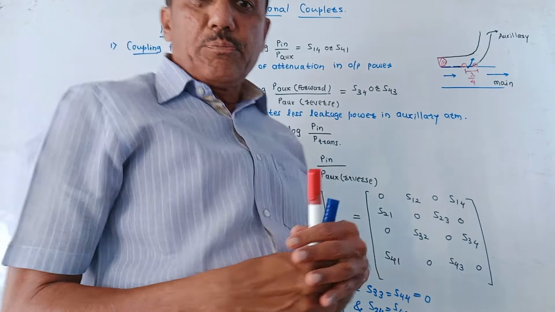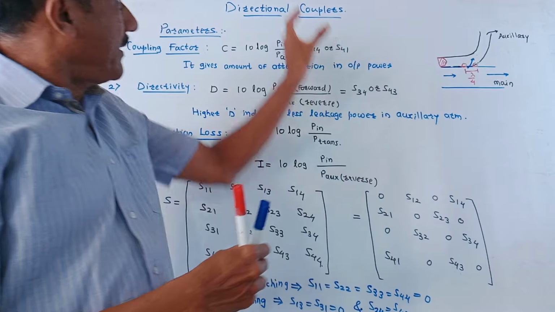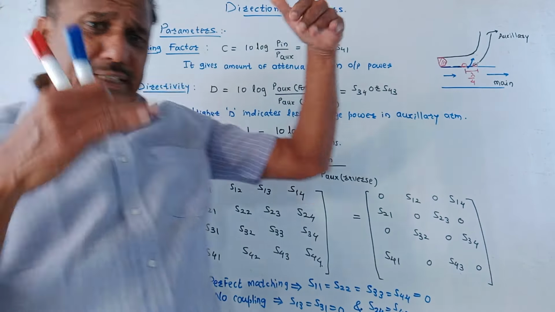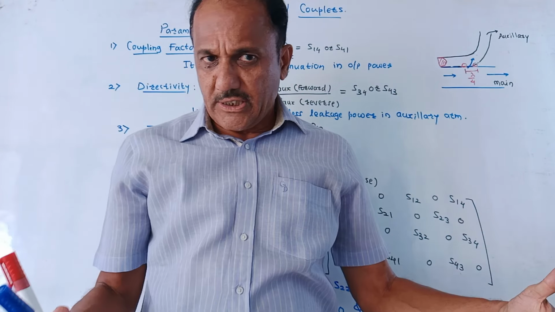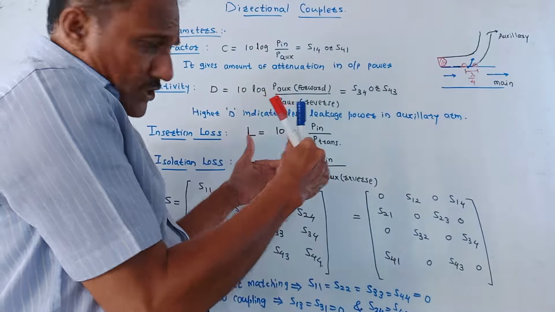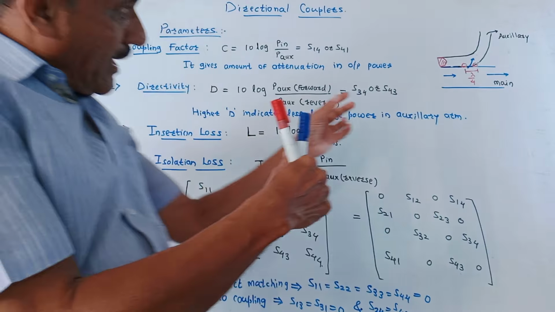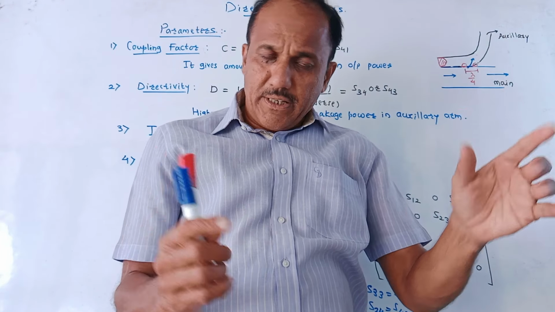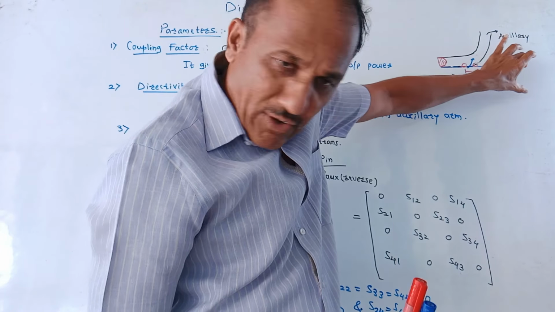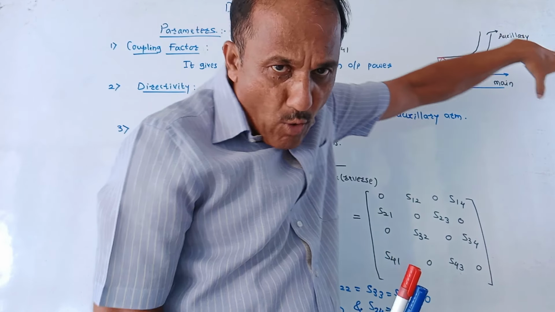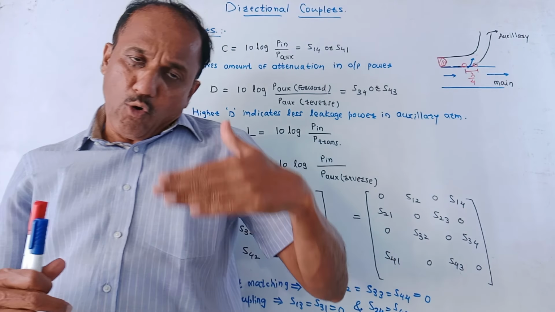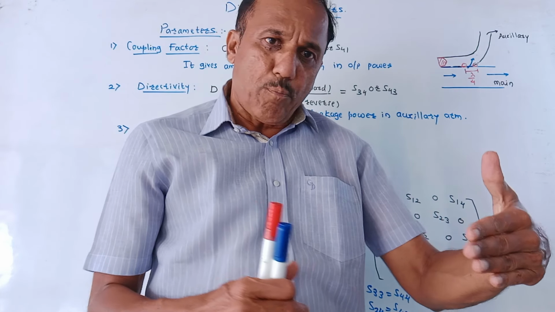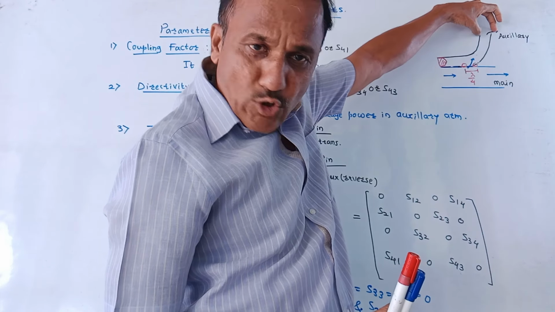Now let us discuss few important parameters of the directional coupler. Just now we discussed the concept of two-hole directional coupler. Just to make this simple, I will brush up the things once again. In case of two-hole directional coupler, there is a main waveguide through which actual microwave power is transmitting. We want to take out part of this microwave power in another waveguide, that is auxiliary waveguide.